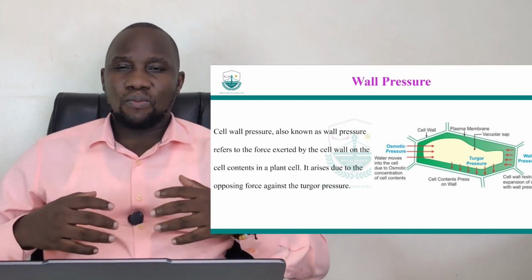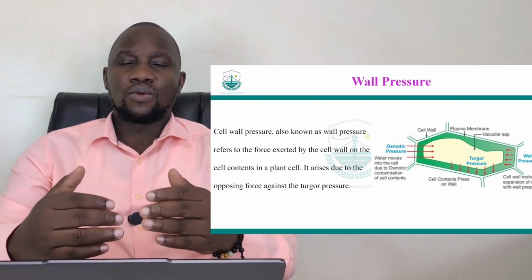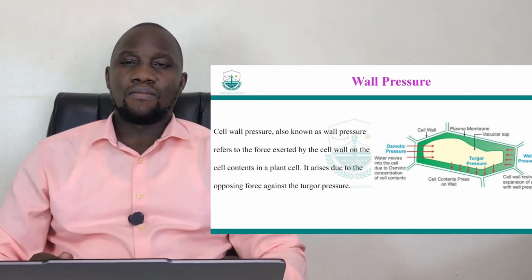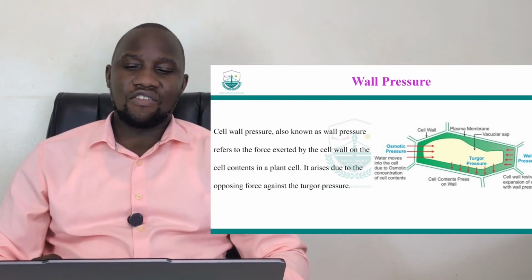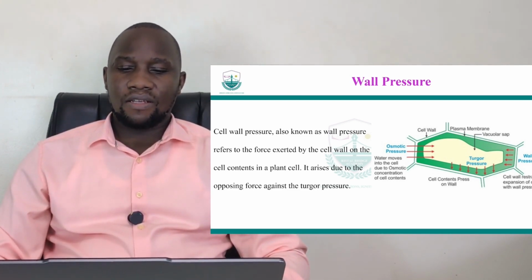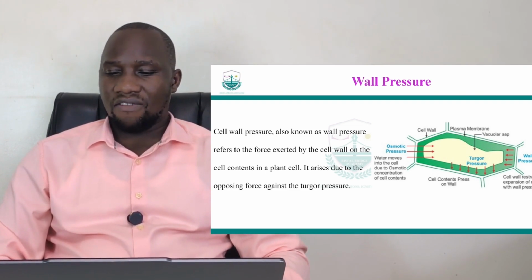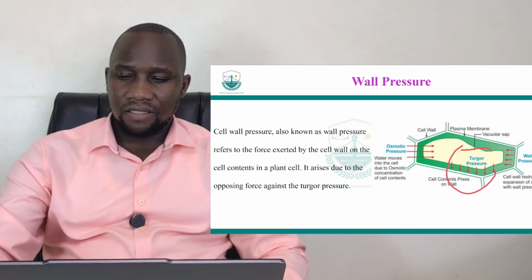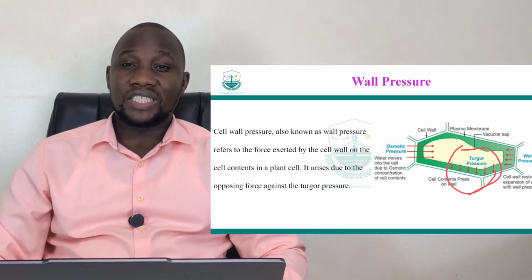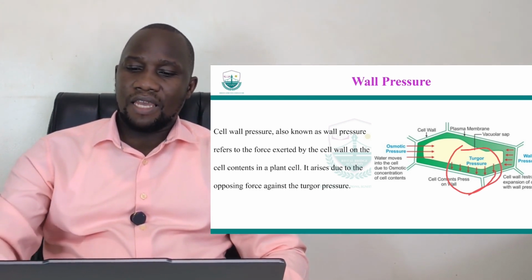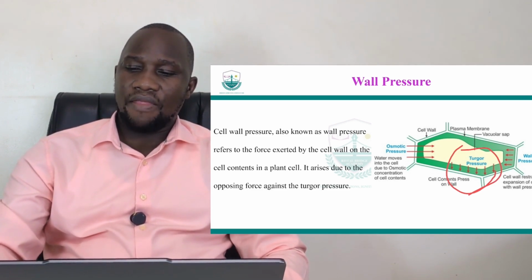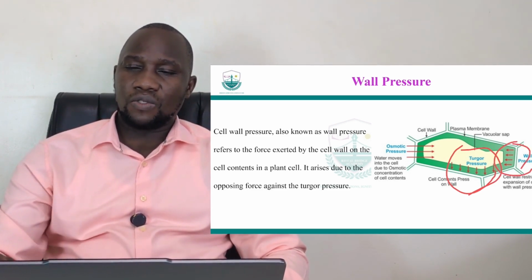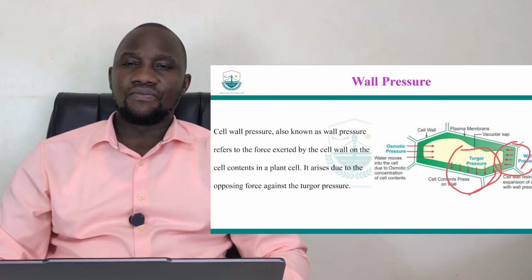So remember, the cytoplasm is pushing, but also the wall pressure is pushing in the opposite direction. So you are having turgor pressure in that direction, and then the wall pressure also in the opposite direction.